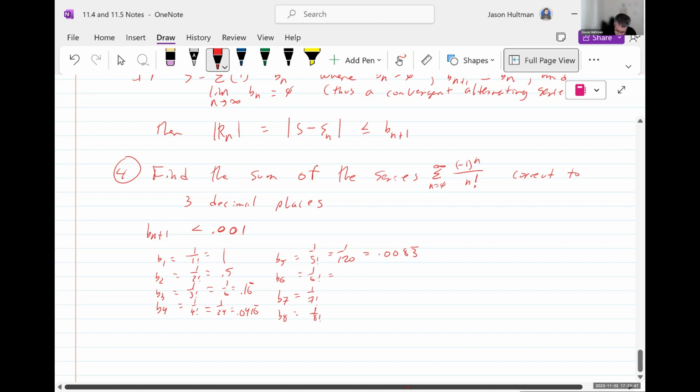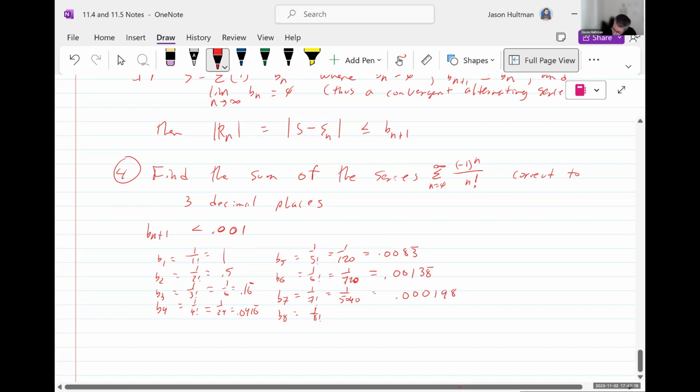Okay, and b6 is 1 over 720, which is 0.00138 forever. And then b7 is 1 over 5040, which is 0.000198.